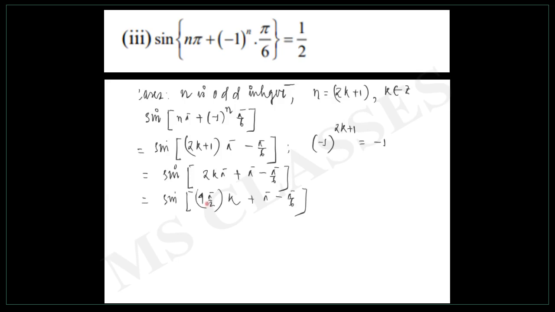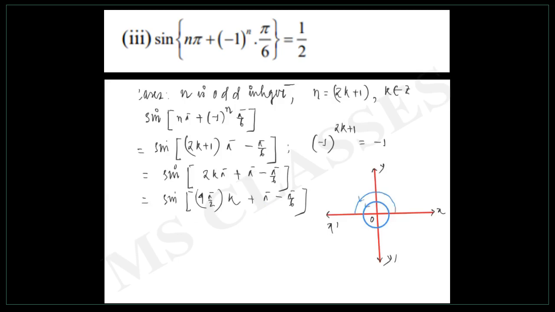Now 4 pi by 2 into k, that means how many circles? So here it is k circles, because it is k pi by 2. After that we have pi in anti-clockwise direction definitely.